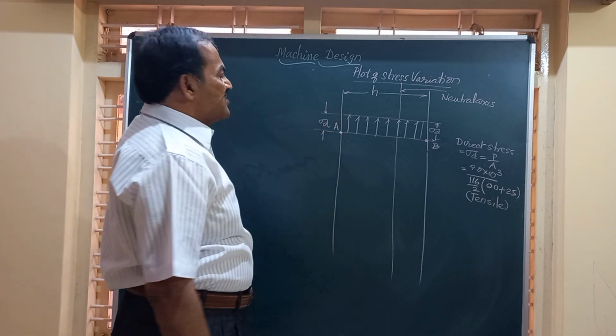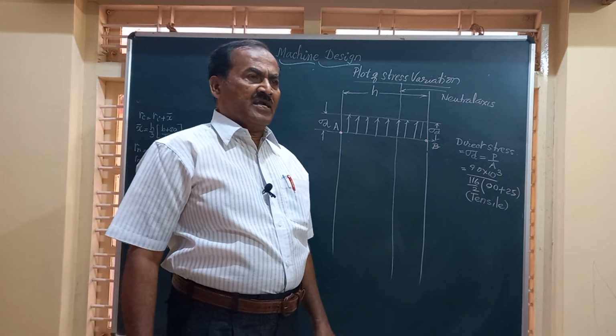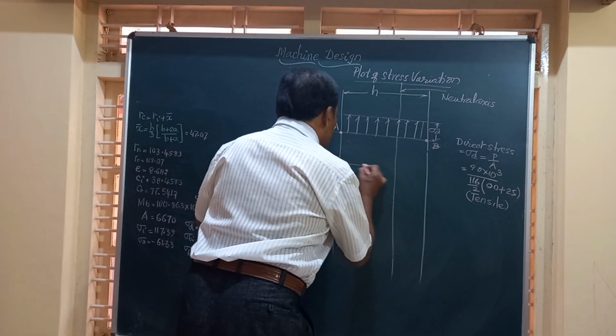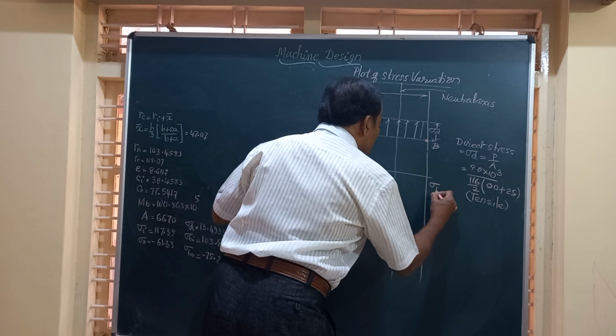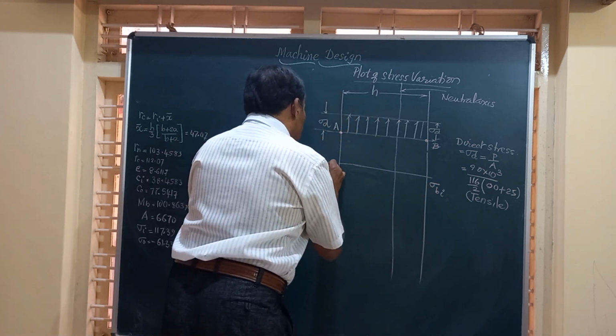Friends, next we will plot the sigma bi and sigma b naught, that is normal stress due to bending at the inner and outer fiber. At the inner fiber it is sigma bi, at the outer fiber it is sigma b naught.